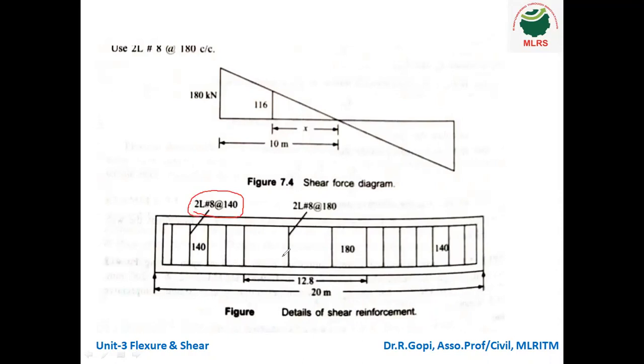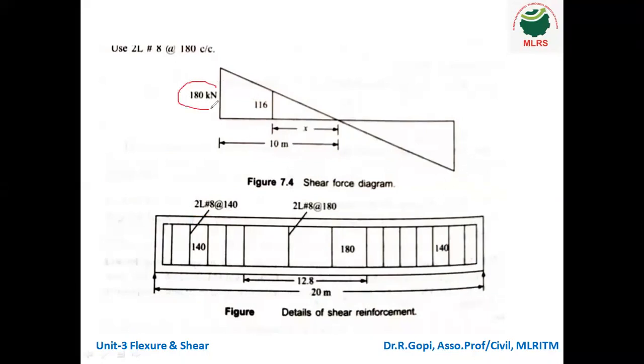So now what this diagram indicates: where shear is maximum near the support, and near the middle of the beam, we won't provide the same stirrups. That means stirrup spacing we have to reduce. So how to reduce? You can see here, this is the shear force diagram.